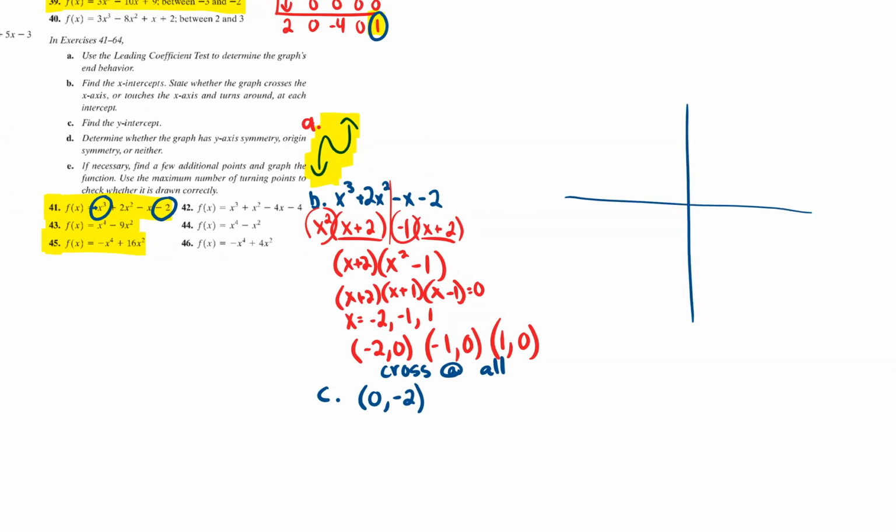To graph this, I've got zeros at -2, -1, and +1. I know it's going to start downward and go upward, and the y-intercept should be at -2. So it's going to look something like this.